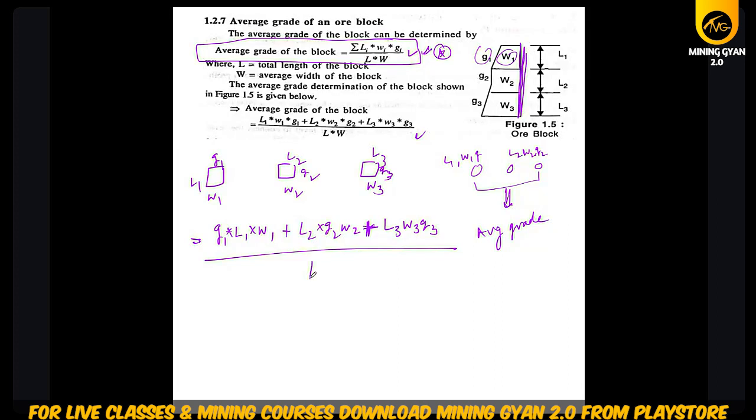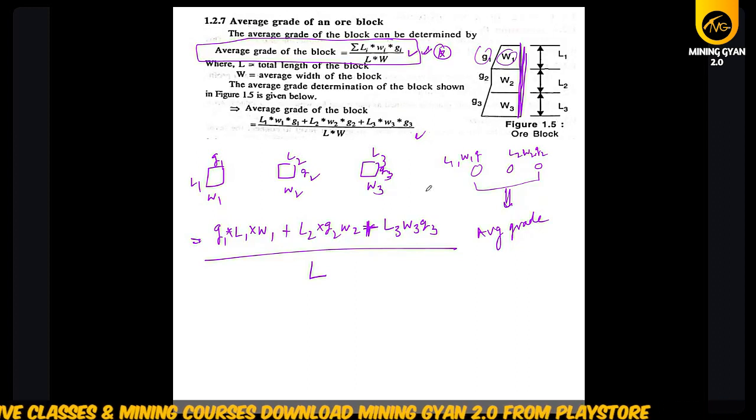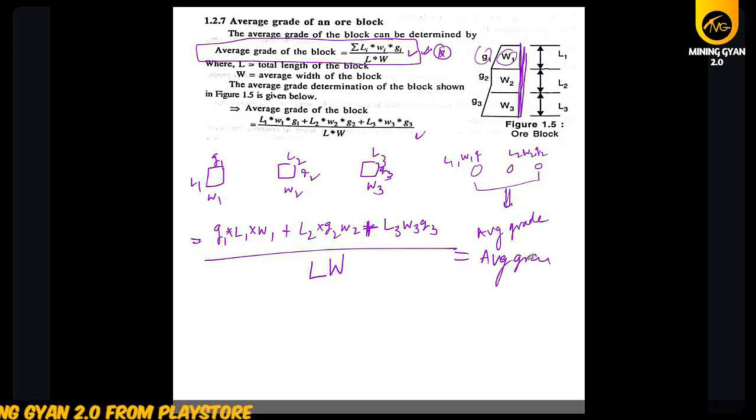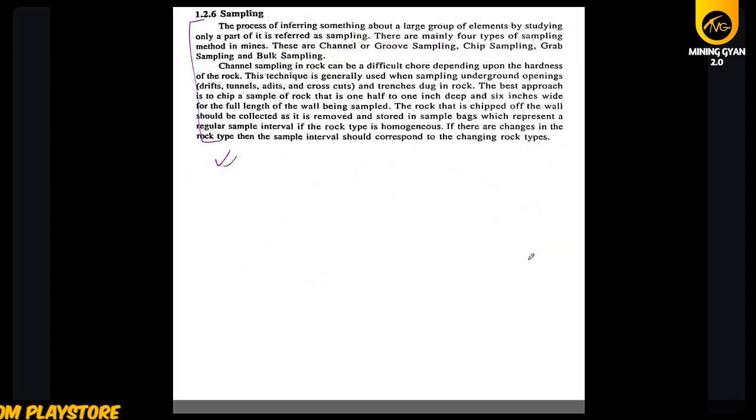So it will be capital L, and the average weight he will provide you, so W. So it will give us the average grade. So please remember this formula. So, bulk sampling.